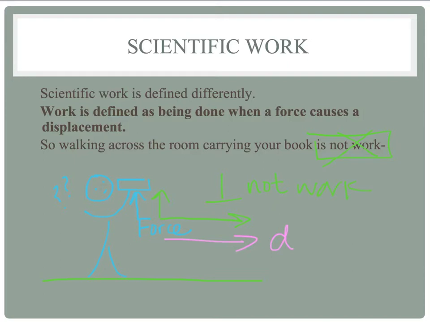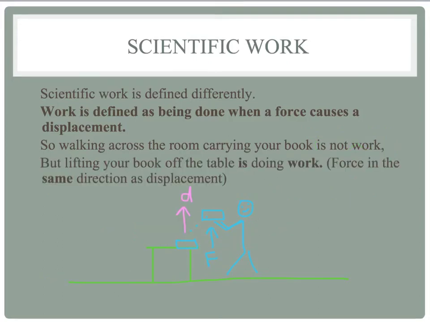And I know that seems strange because your arms can get tired holding your book, but it is still not work. But when you take that same book and you lift it off the table, the force is up and the displacement is up. Our force and displacement are now parallel, and so you do get work.